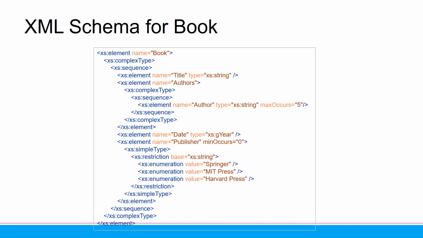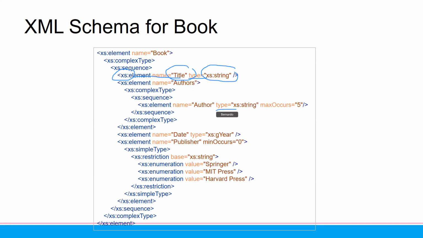We call it the schema, XML schema, and then every element will have, let's say, this is the title, and the type is string. Whenever we want to define the data type, we need to put the type here.